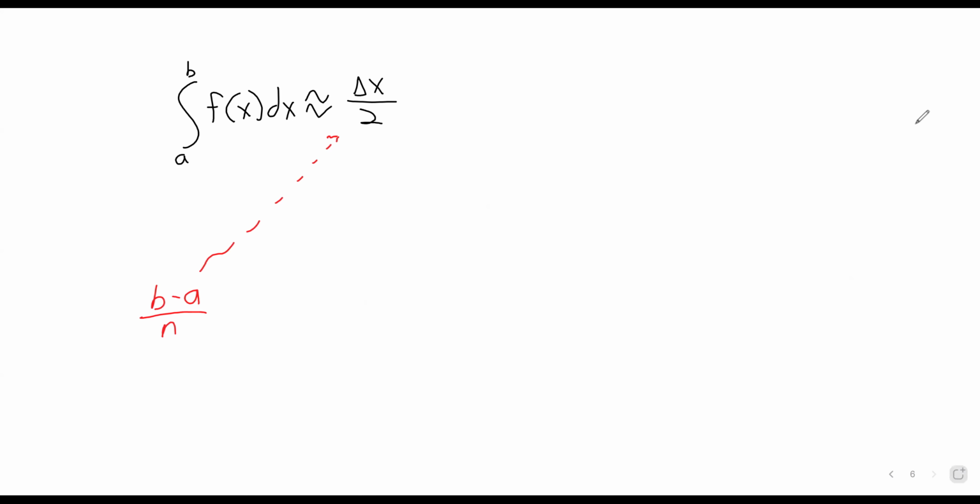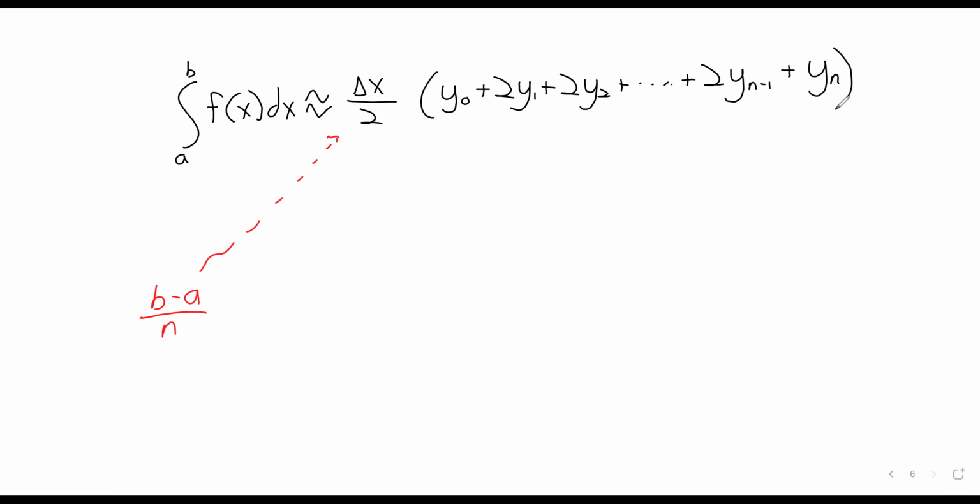It's b minus a over n. So delta x over 2 times y0 plus 2y1 plus 2y2. And all of these terms have 2's in front of them, except for the first term and the last term. And there's the trapezoidal rule.